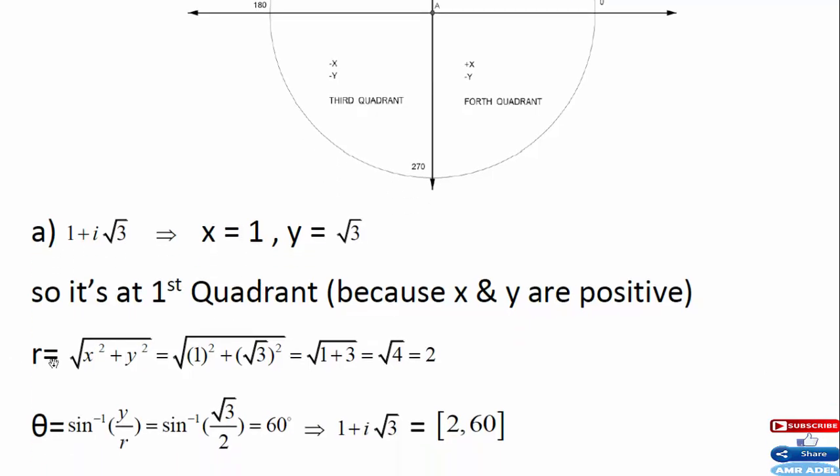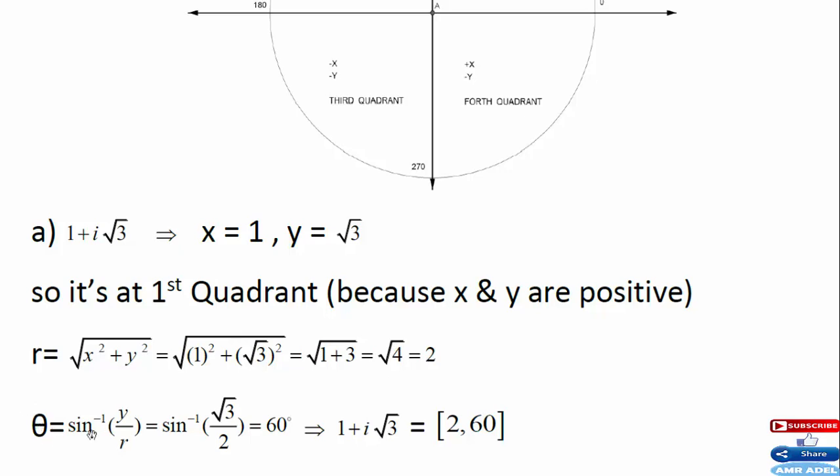Now we have to find r, which equals the root of the real part squared plus the imaginary part squared, x squared plus y squared. X is 1, squared it is 1. Root 3 squared is 3. As a total, 1 plus 3 is 4, and the root of 4 is 2.